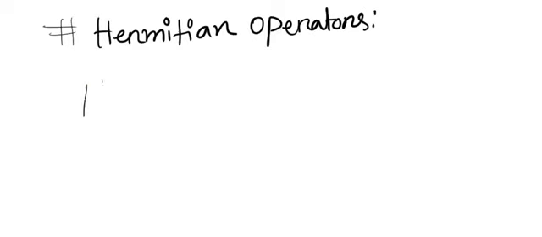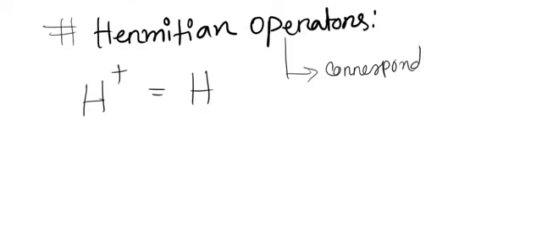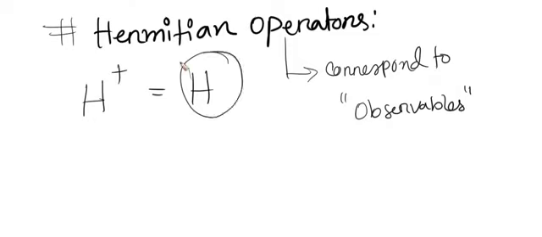Let's say you have some operator H and you dagger it and you get the same H. This is what is known as an Hermitian operator, and these Hermitian operators correspond to observables. So what do you mean by observable? An observable is something that you can measure. That is, this Hermitian operator H will correspond to some quantity that you can measure.